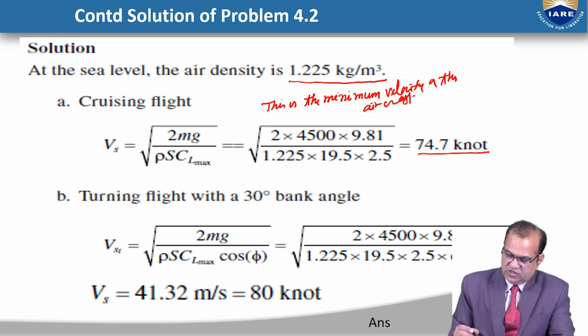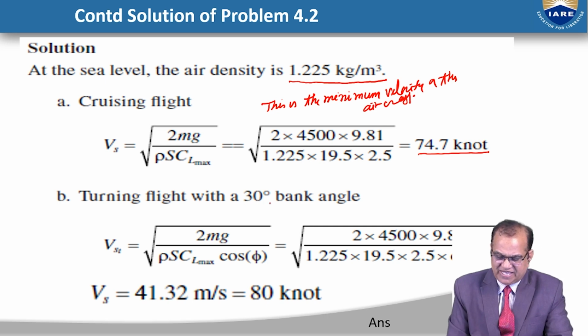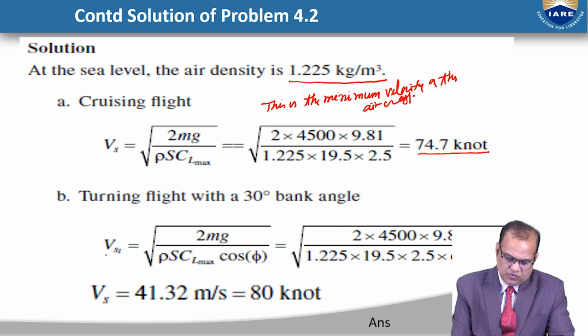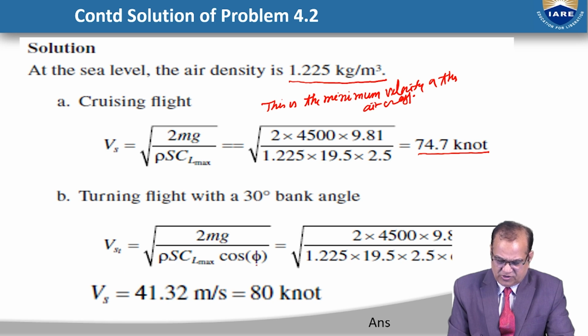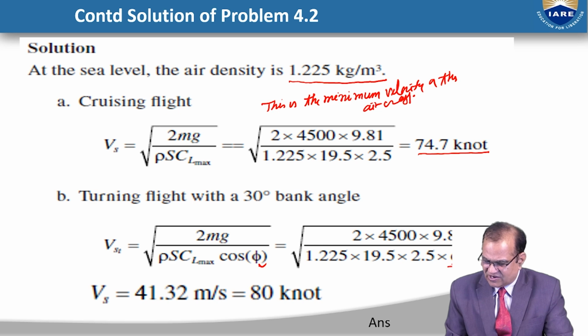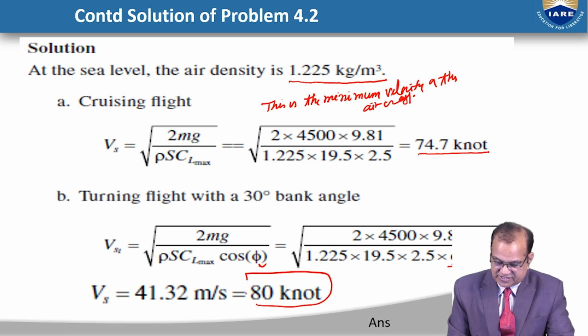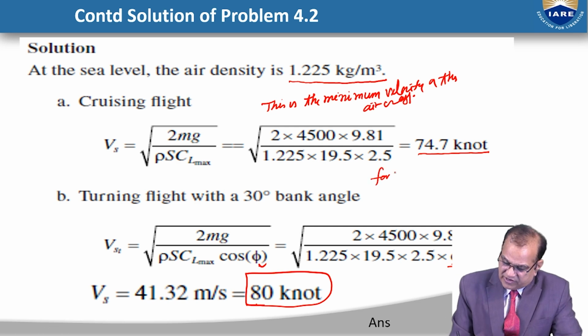Okay. So now turning flight with a 30 degree bank angle. So we know that Vs is equal to under root 2 mg by rho S CL maximum cos phi. So 2 into this thing only, we just have to add this cos 30, and now we will get Vs equal to 80 knots.